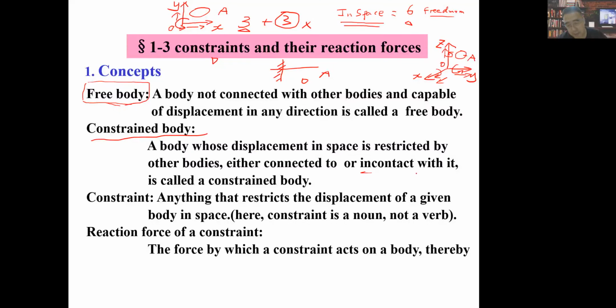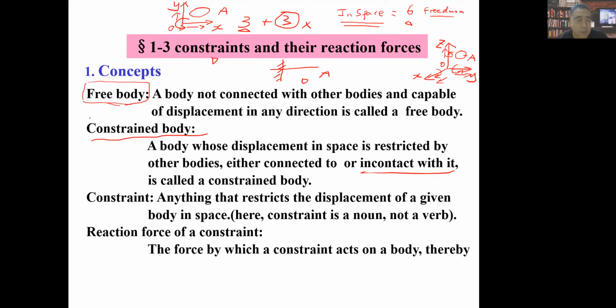When we talk about gravitational force from the Earth, maybe the body is not in contact with the Earth, but when it is in a state of equilibrium, it must be on the ground. Why, when we jump, do we have to fall onto the ground again, right? We have to keep in touch with the Earth, with the ground, because of gravitational force, right? So it's called a constrained body.